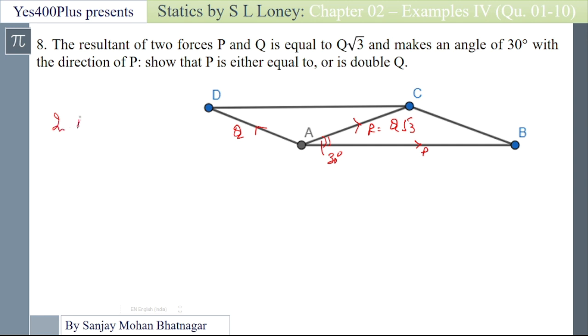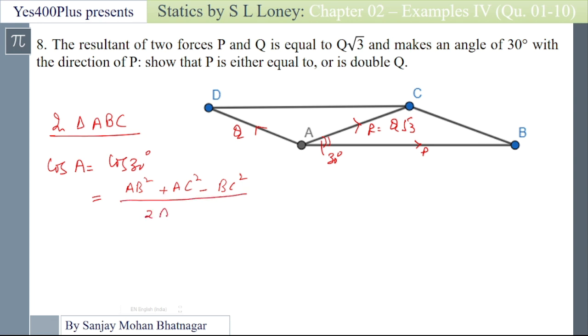So in triangle ABC we have cos A, this cos A means cos 30 degree, equal to AB square plus AC square minus BC square upon 2AB AC.